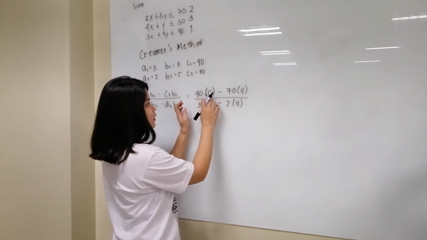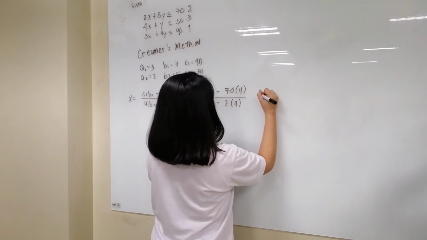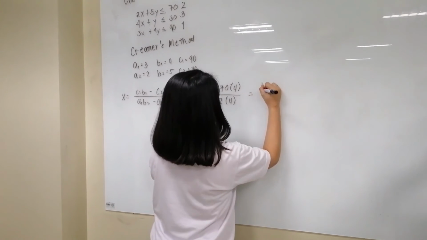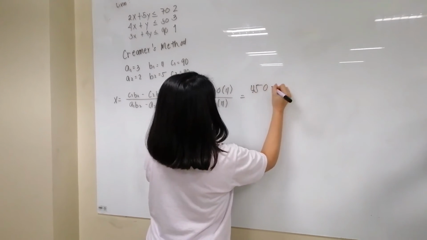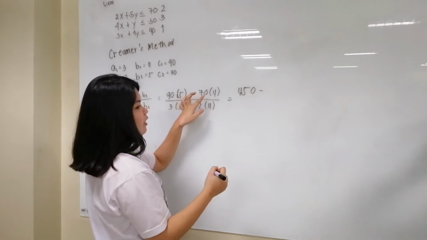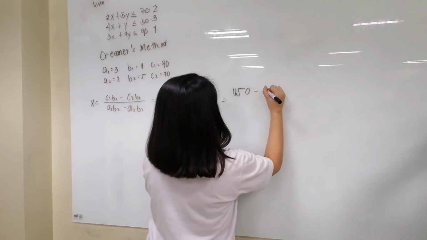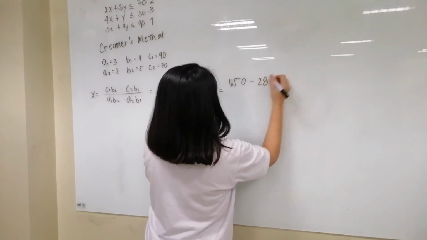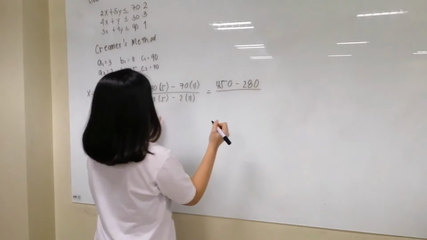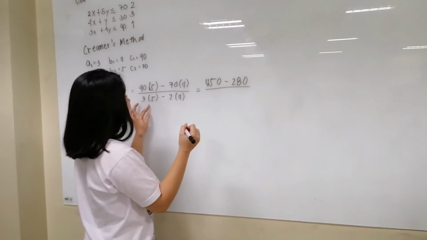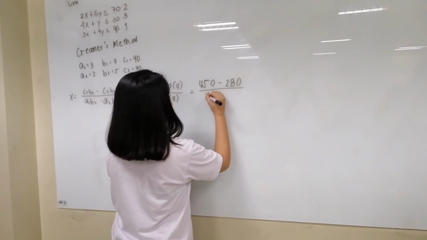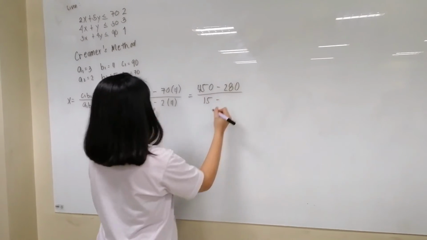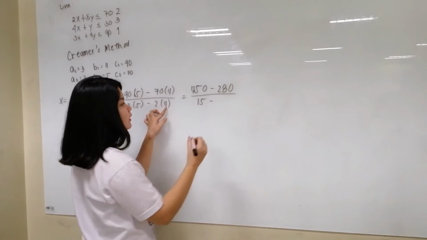90 times 5 is equal to 450, minus 70 times 4 equals 280. 3 times 5 equals 15, minus 2 times 4 is 8.